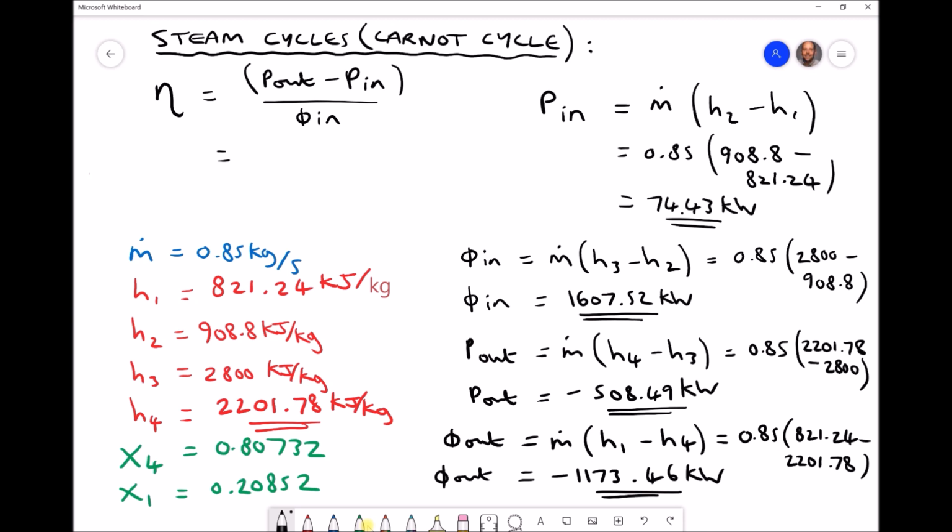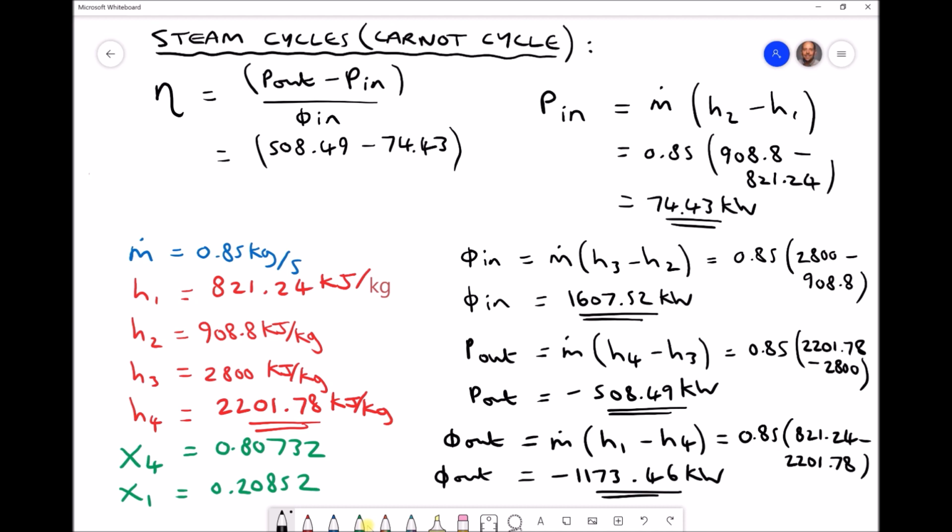Well, we have all of these values now. We have a P out value, and we're going to use the absolute value, or the magnitude, 508.49. And the reason for that is because we're trying to determine how much useful energy we're producing. The amount of power that we were inputting then was 74.43.